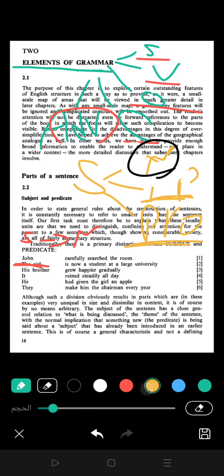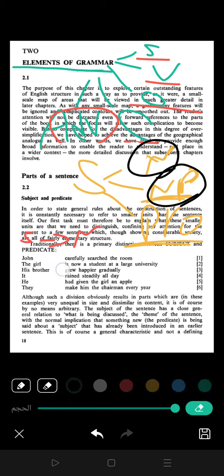And we are going to move into the noun phrase. It comes as a noun phrase. How does the subject come in the form of a noun phrase? For example, the girl. Look at the second one, the girl.